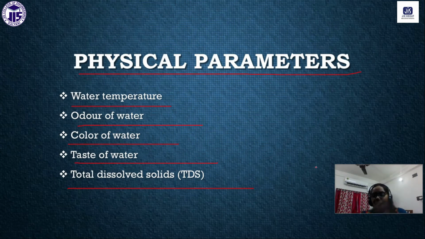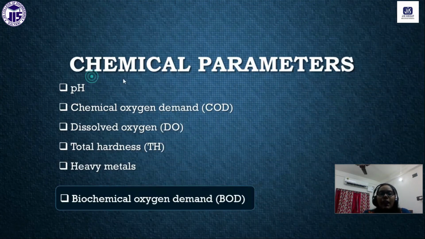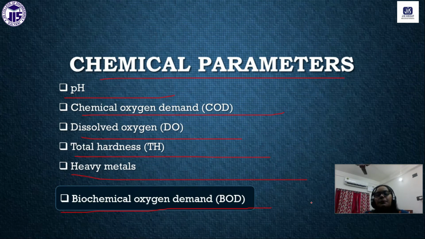Now the chemical parameters: pH, chemical oxygen demand, dissolved oxygen, total hardness, heavy metals, and of course, at last, BOD, biological oxygen demand.